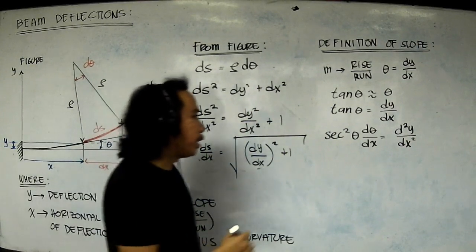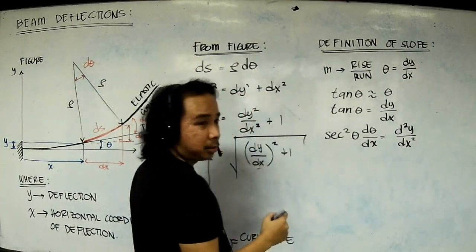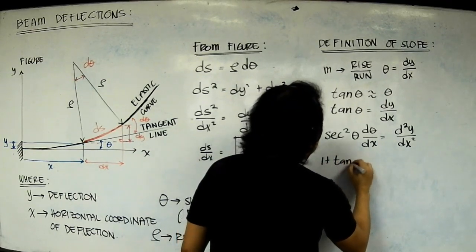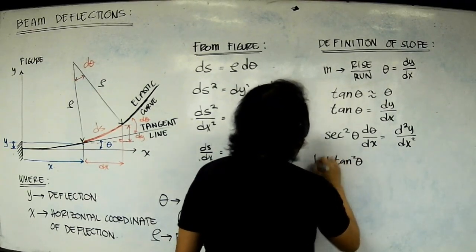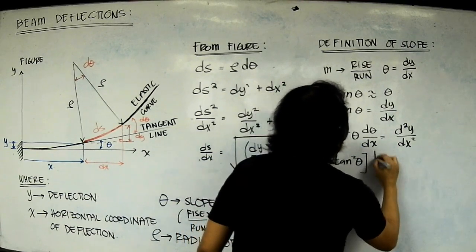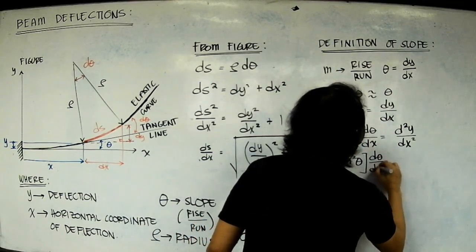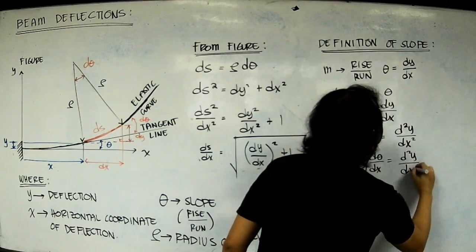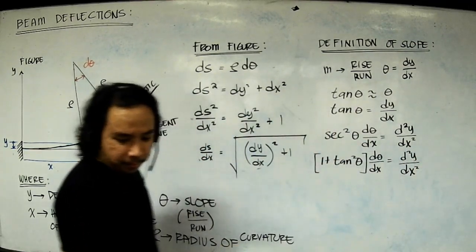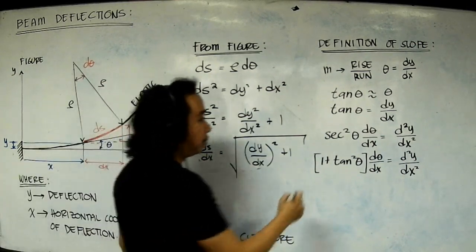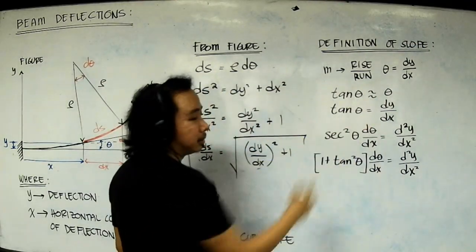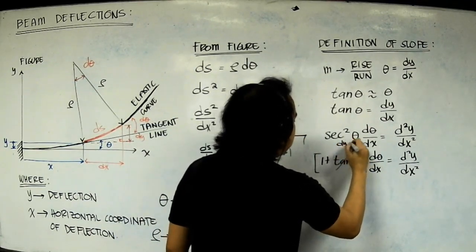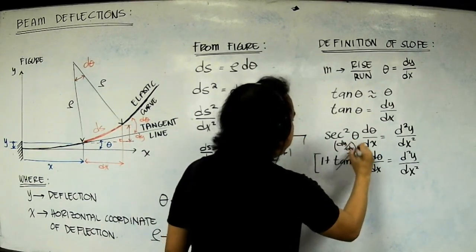Now, from trigonometry, secant squared theta is actually equal to 1 plus tangent squared theta. Tangent is actually equal to dy dx, so this is dy dx squared.